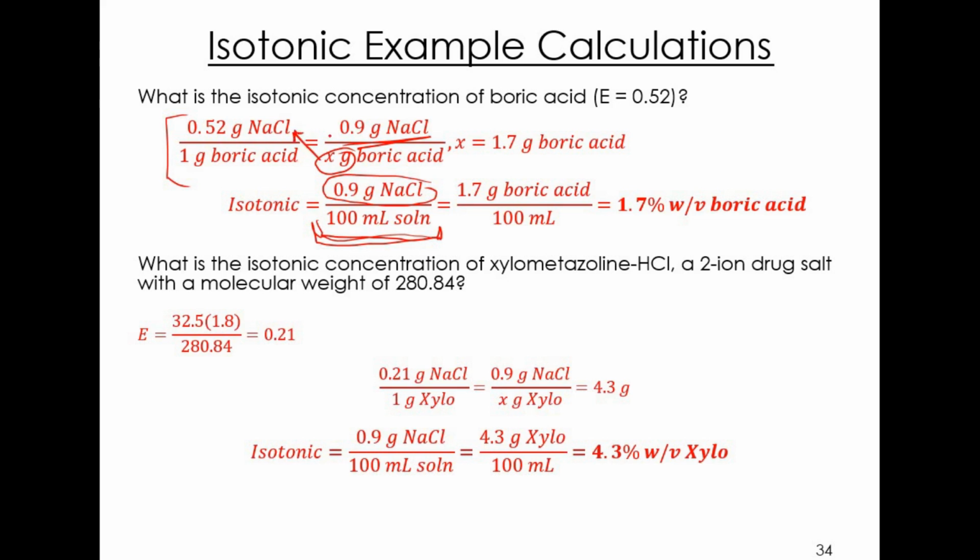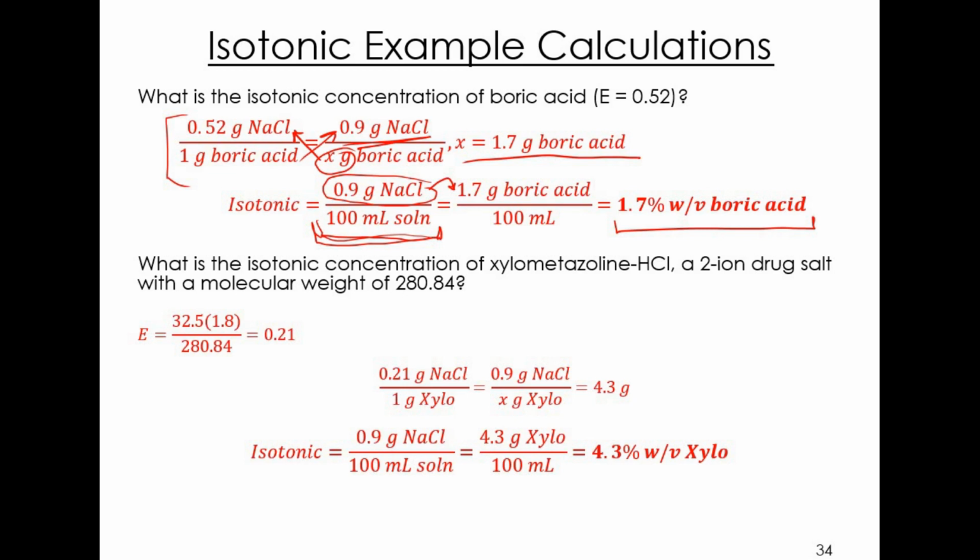And we will crisscross and solve for x, and x is equal to 1.7 grams boric acid. So if we put 1.7 grams boric acid in for 0.9, we get 1.7% boric acid, and that's equivalent to 0.9% NaCl, and that's the isotonic concentration of boric acid.